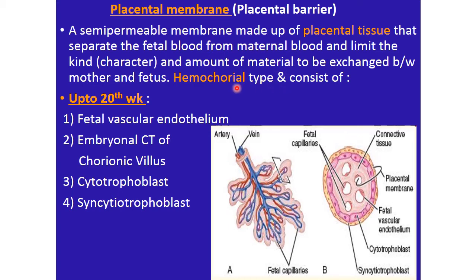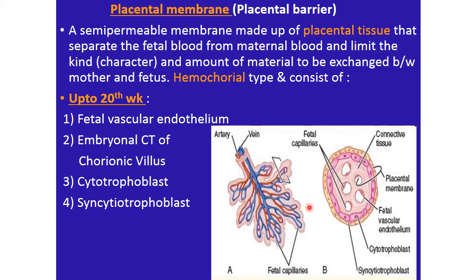I already told you it is a hemochorial type, and up to the 20th week it consists of four structures. Like the structure of the tertiary villi, this is the anchoring villi, also containing the fetal blood vessels, and these are the sideways branches of those anchoring villi, which are called the free villi or the floating villi in the intervillous space.